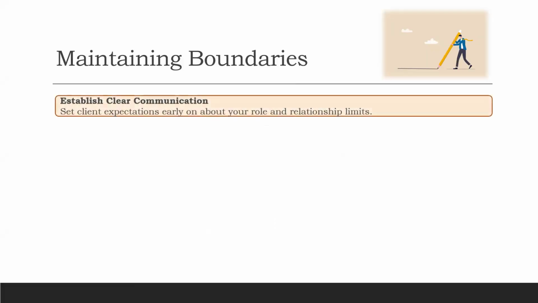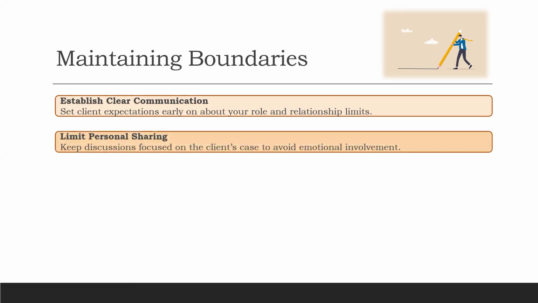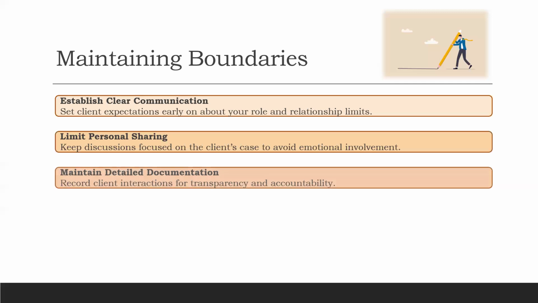Here are some useful tips to help you maintain healthy boundaries as a student attorney. Establish clear communication from the start. Let your client know the scope of your professional relationship and the limits. Avoid sharing personal information. Keep your discussions centered around your client's case, not your personal life. Document everything.